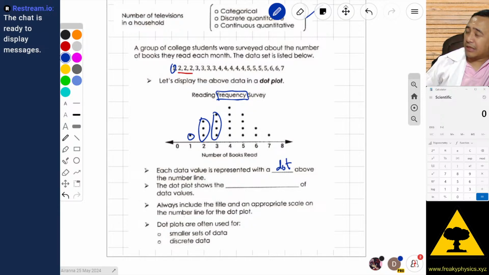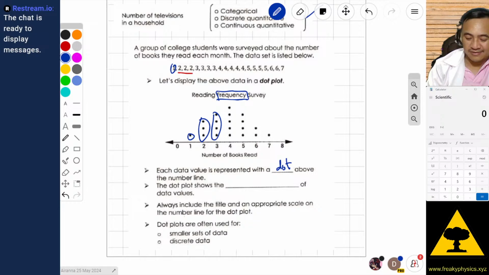Quick question. Have you learned waves in physics before? We recently learned it. Okay, so what's one property of a wave that's related to this? It's the frequency, right? So if you go back to the definition of frequency in physics, what is it?